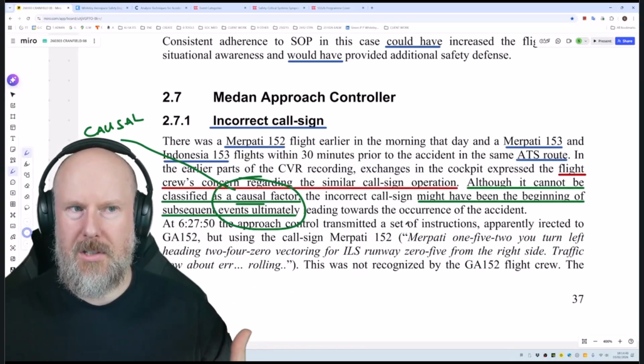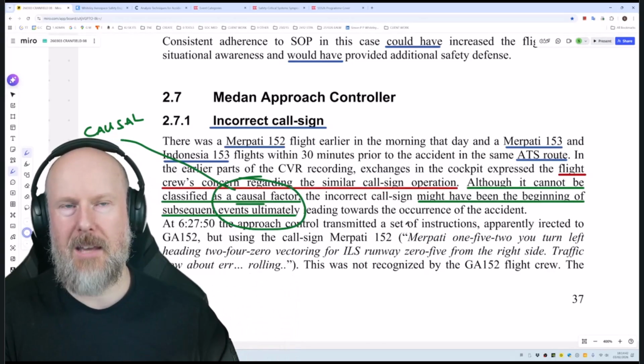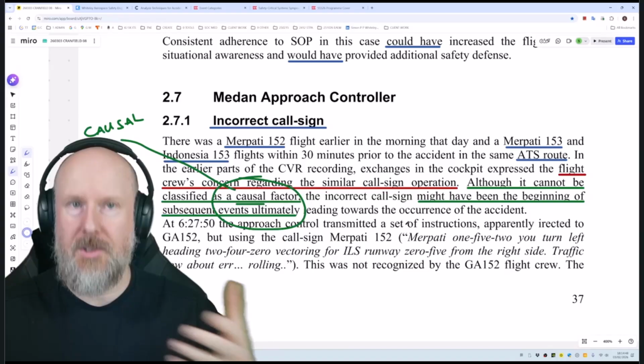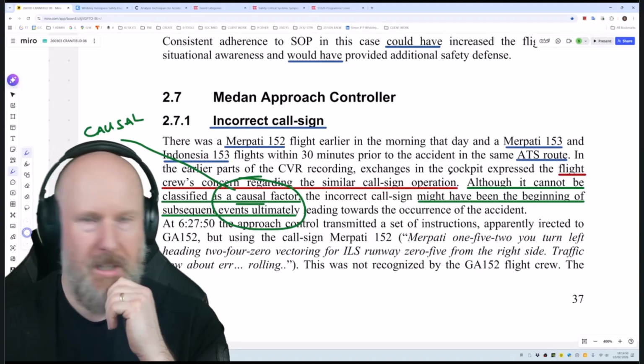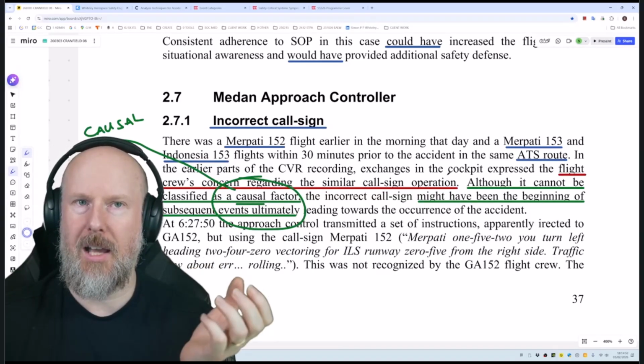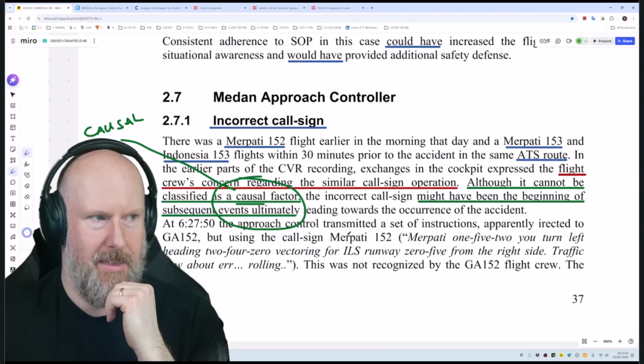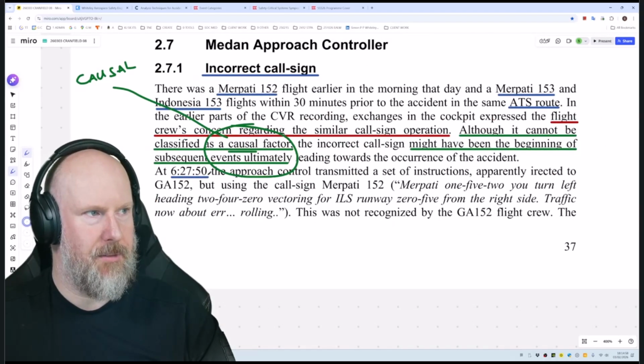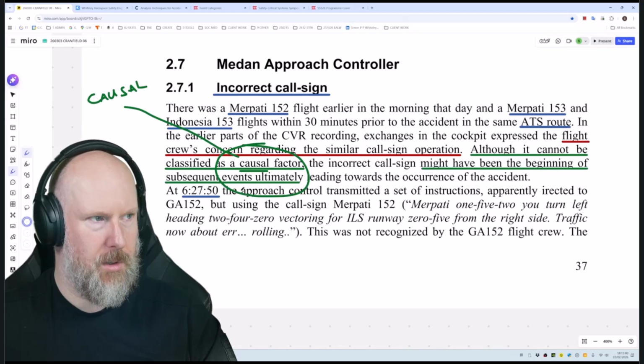Really, it's trying to understand how it influenced the behavior of a controller, and how it propagated across the control structure so that there were issues to do with coordination, timing, collaboration, things like that.